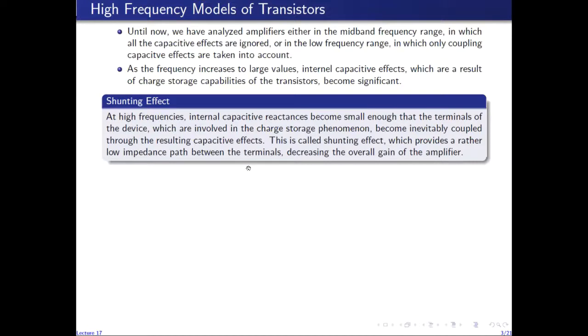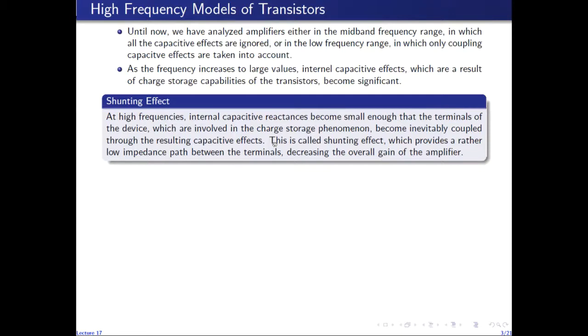But in the analysis of the amplifier in the mid-band and low frequency ranges, these internal capacitive reactances are so large that we ignored them. But at high frequencies, these capacitive reactances become small enough that we cannot ignore them anymore. So the terminals which might have been considered as isolated while analyzing the amplifier in the mid-band or low frequency range can no longer be considered as isolated at high frequencies if they have an internal or parasitic capacitor between them.